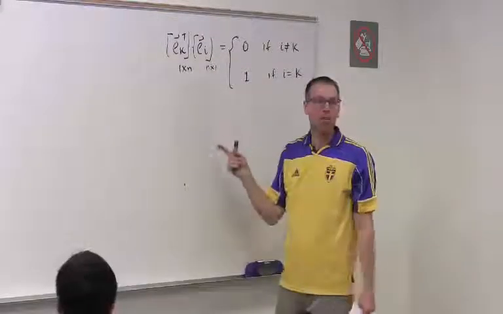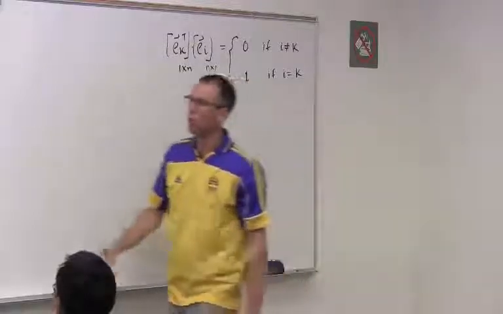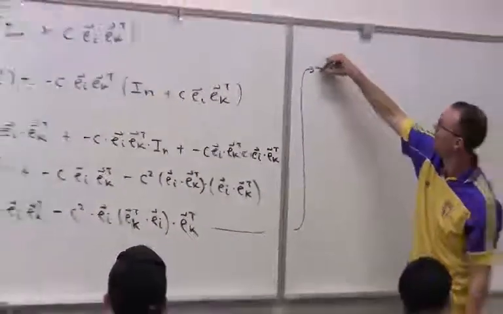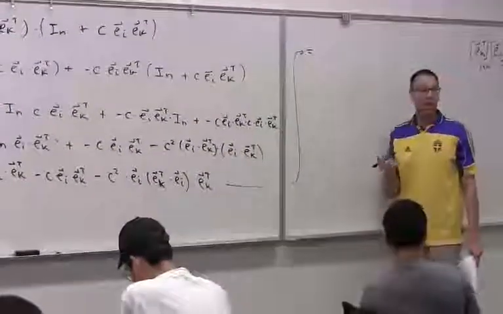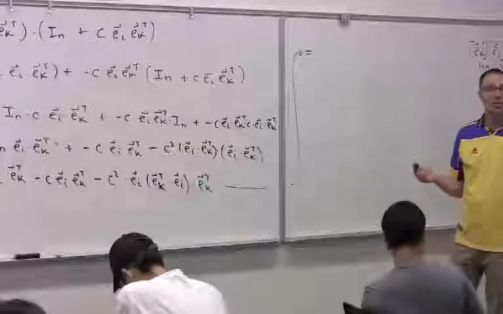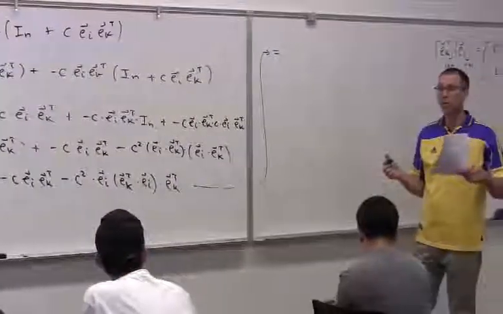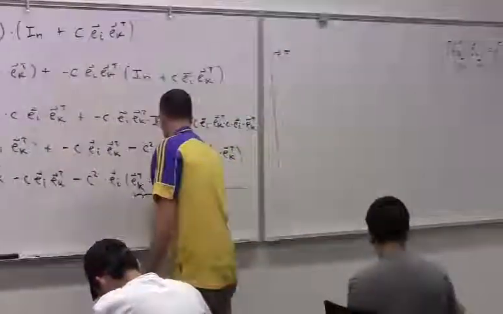If they don't match, then you get 0. Well, in this case, what do you know for sure? They don't match. Why do you know that? The definition of a shear matrix implies that i was not supposed to be equal to k, which means this thing right here goes to 0.